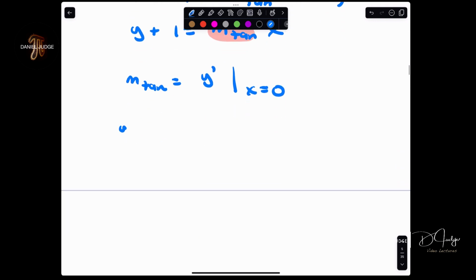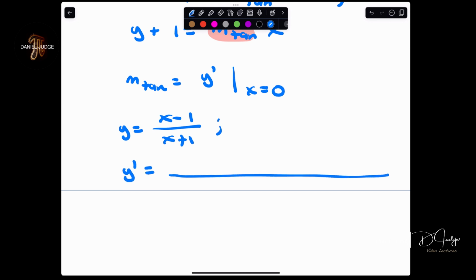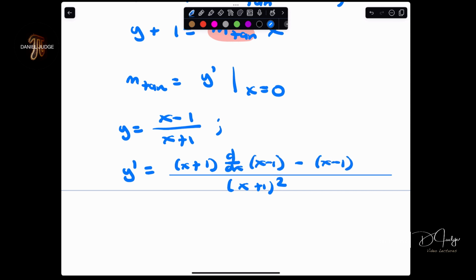Since y is x minus 1 over x plus 1, the quotient rule will be: take x plus 1, the denominator, and square it. Bring up your denominator and then differentiate the numerator, x minus 1, minus, think of that numerator as a constant.